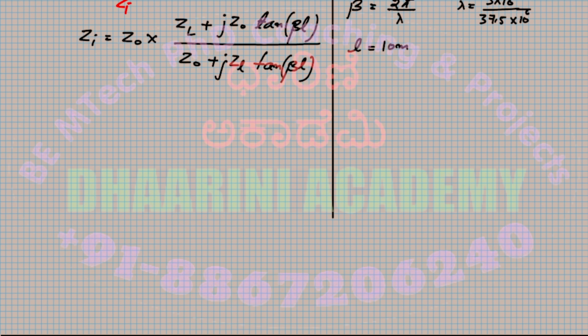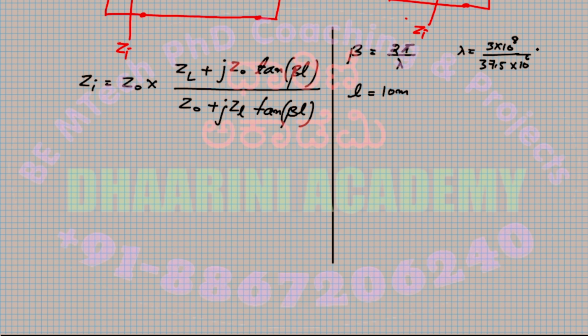We'll substitute here and calculate. Just find out how much you get as the lambda value. So we get a value of lambda equal to 8. So 8 is fine for us.